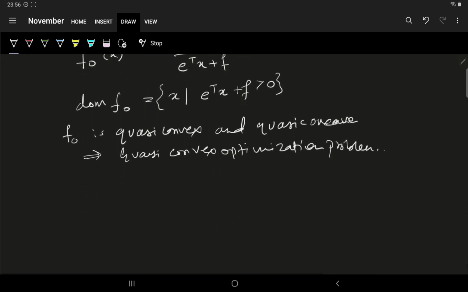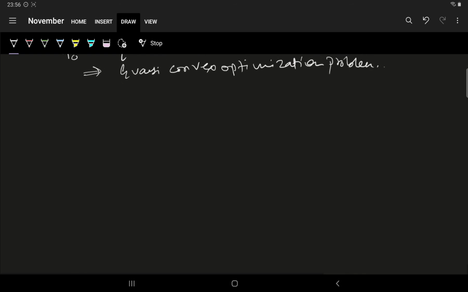So our objective is to transform it into a linear program.